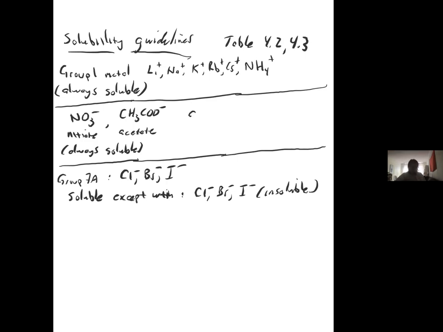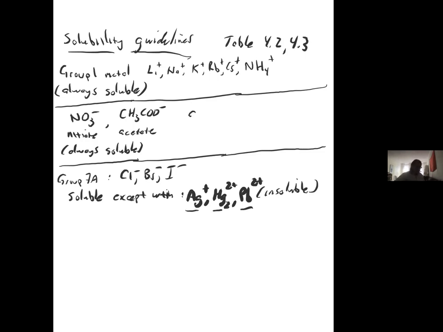I'm sorry. I wrote these twice. Ag plus, Hg2 2 plus, and Pb 2 plus. I don't know why I did that. I'm tired today. Sorry. So this is lead 2, this is mercury 1, and this is silver. Okay.